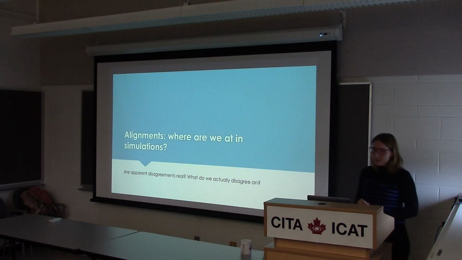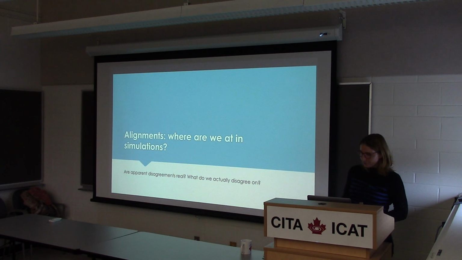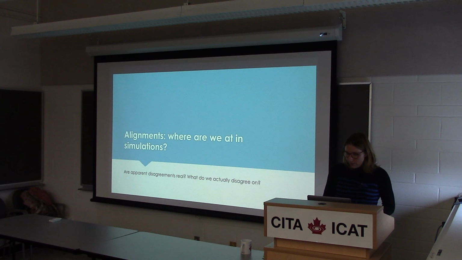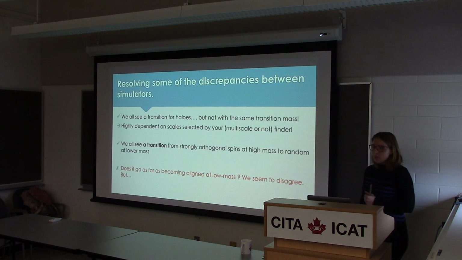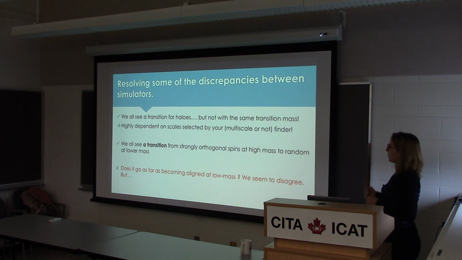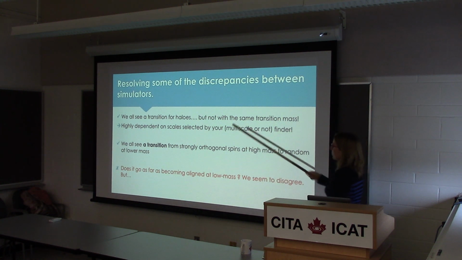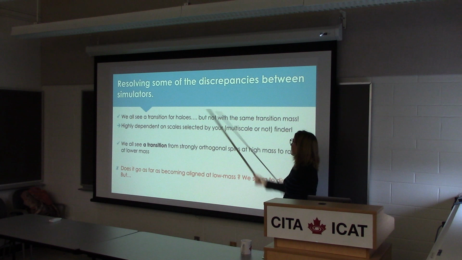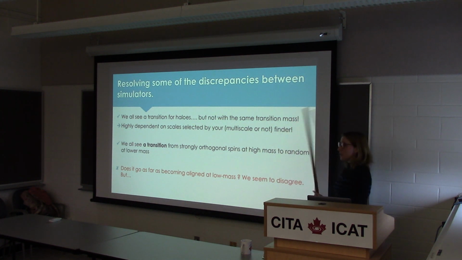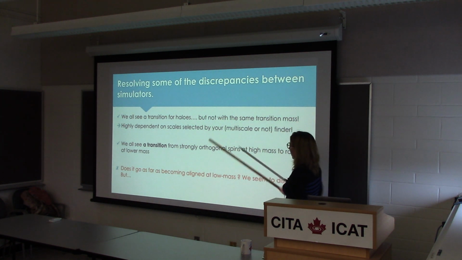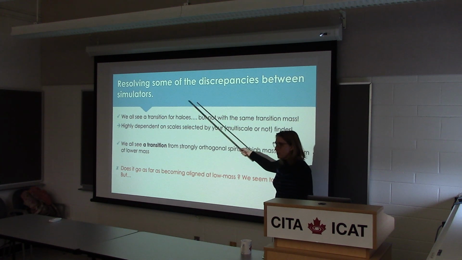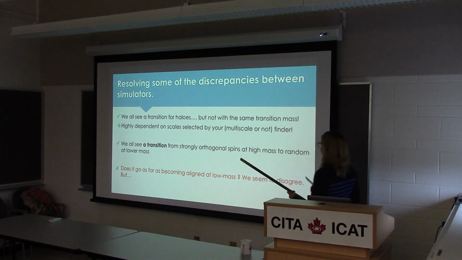Now, where are we at in simulations? Again, in simulations there seems to be an apparent disagreement, but it is not as sharp as we claim it to be. What I can say is that in different types of simulations, we all see a transition for halos, but not with the same transition mass. Once again, this is related to the scale dependence. It depends on which scales you define your filaments on.